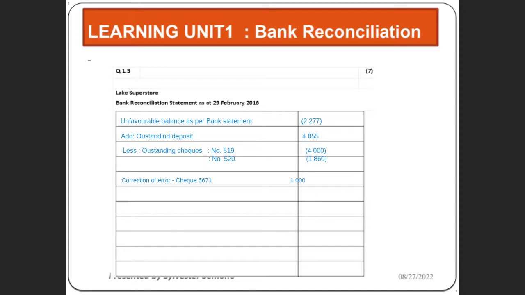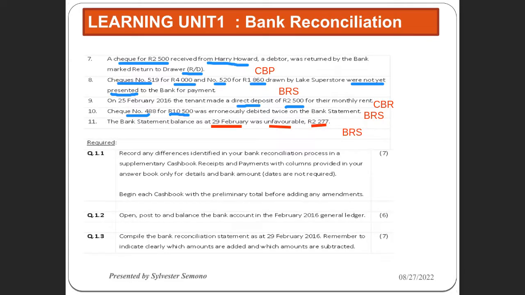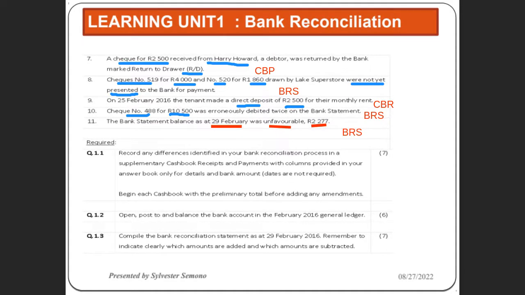Does that make sense? Let's check if this is the only error we have. Let's go back and check, because sometimes you can find that you have more than one error. By the time we were analyzing, we did highlight that we have BRS check number 10 here. Can you see number 10?